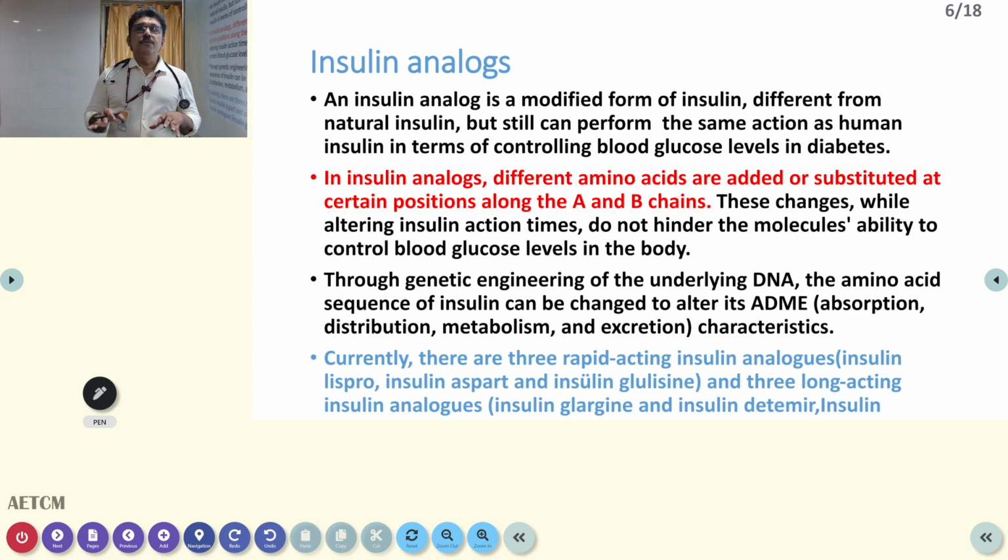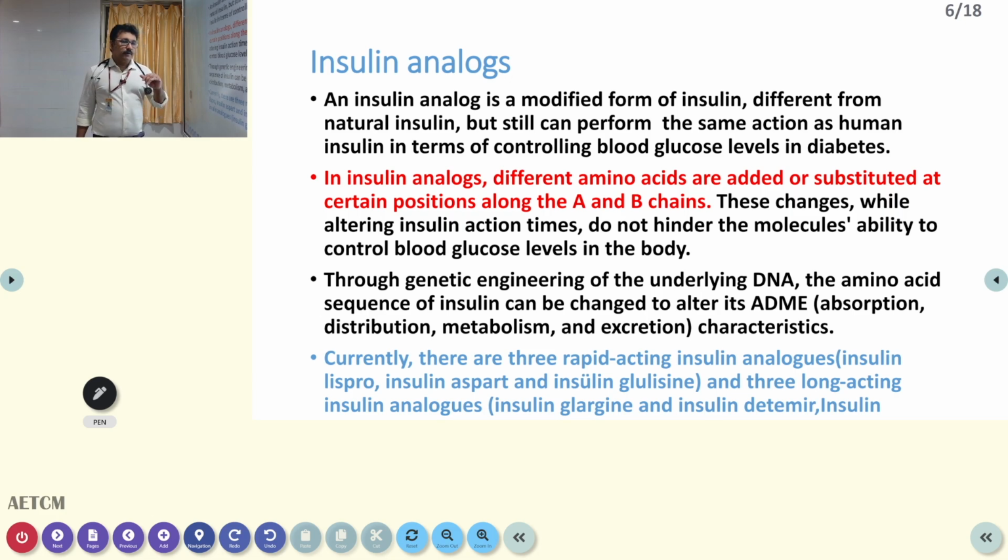That produces a newer type of insulin, a completely synthetic type of insulin. It's not human insulin. The advantage of this type of insulin I have already explained. They are a pure form of insulin, and antibody production against these insulins is very minimal. The disadvantage is that it's very costly compared with regular insulin.